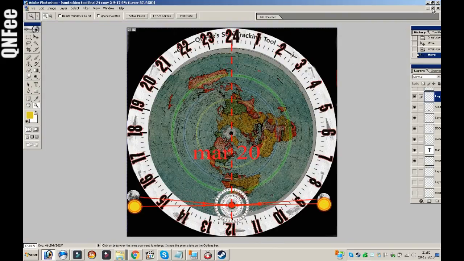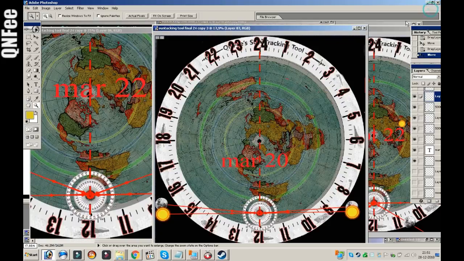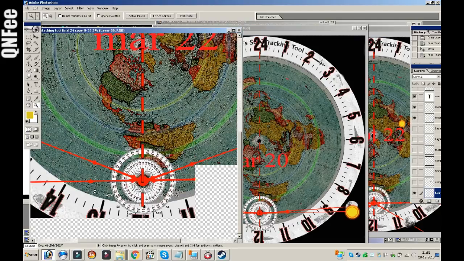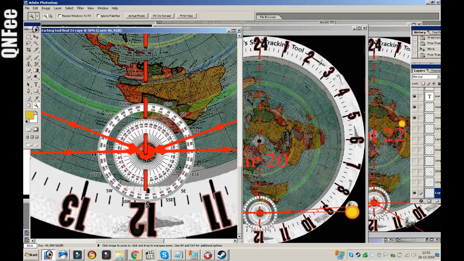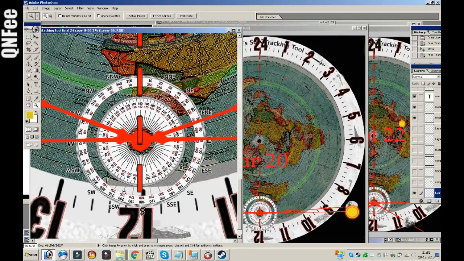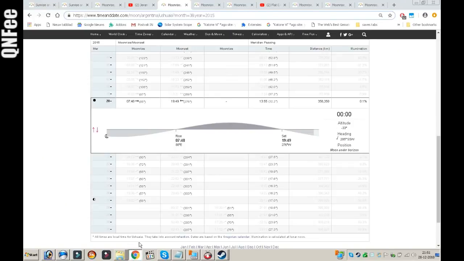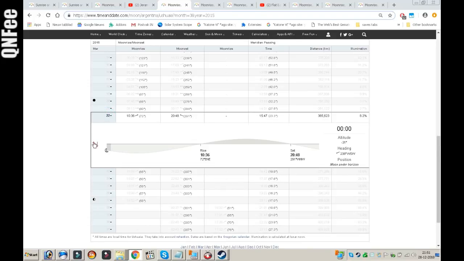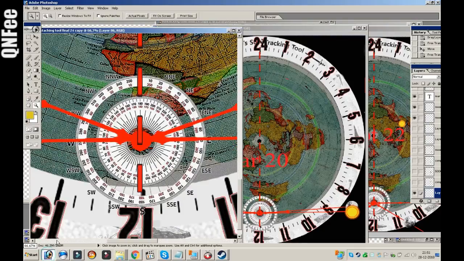So those were the angles from March 20. Let's do it also for March 22. March 22. The rise is 72 east and the set is 291 west northwest.